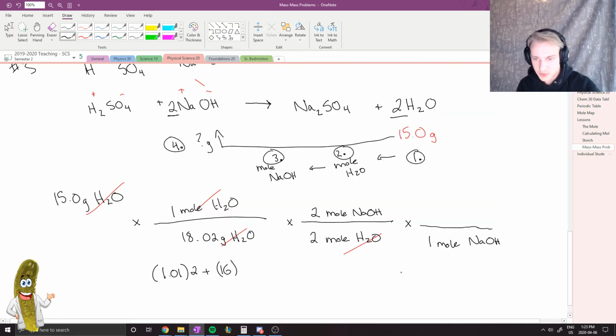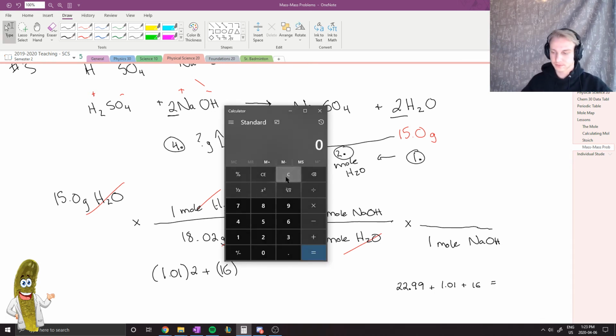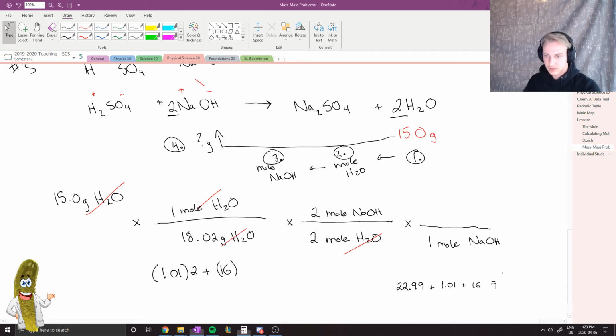So what we can do is take the 22.99, add on the 1.01, and then also add on the 16. And we can find out that that molar mass is equal to 40 grams. So again, that is the molar mass of sodium hydroxide.